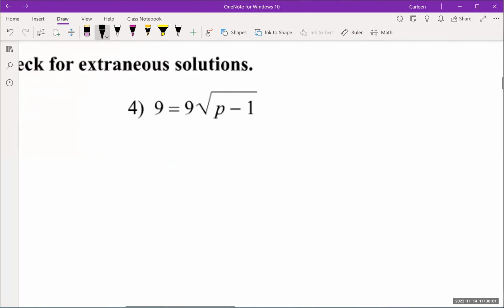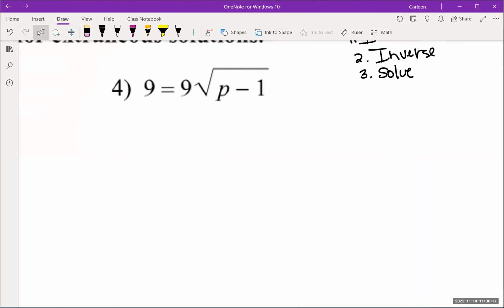Okay, number 4, isolate. Inverse. And solve. Okay, is there anything that is not locked in the house that I can get rid of? Okay, divide by 9. Okay, isolate.